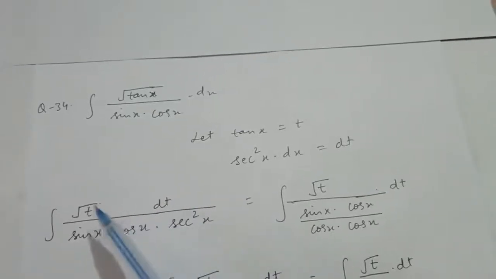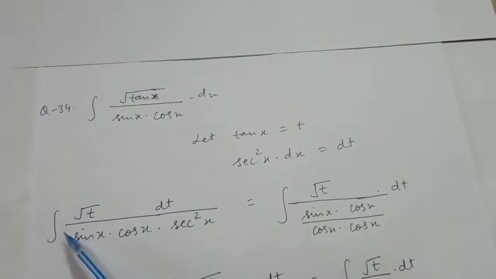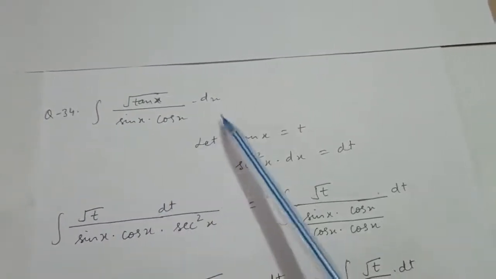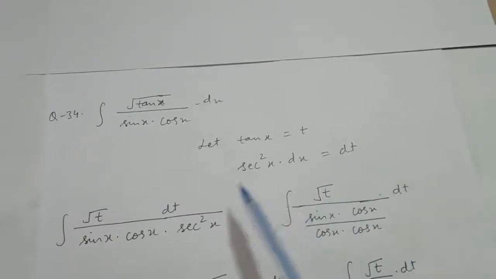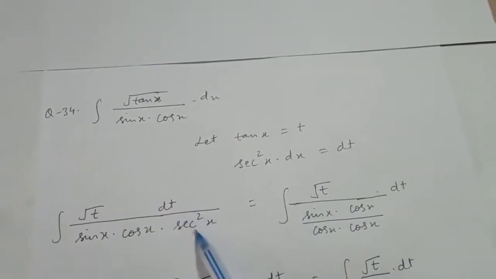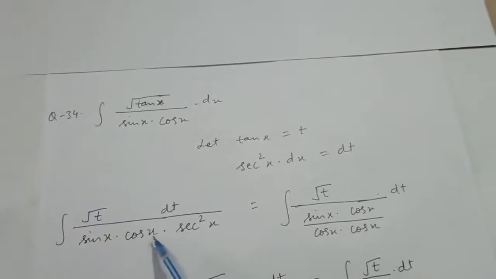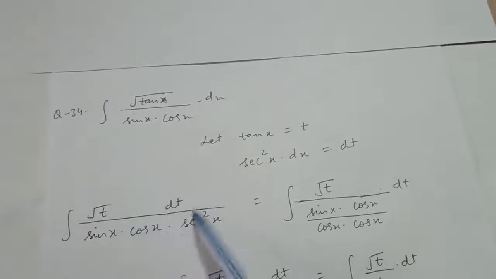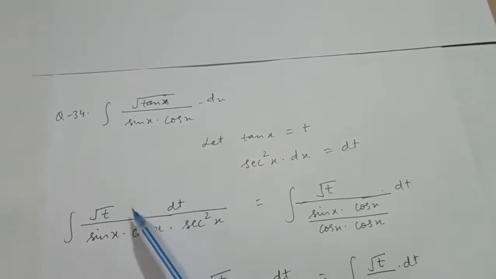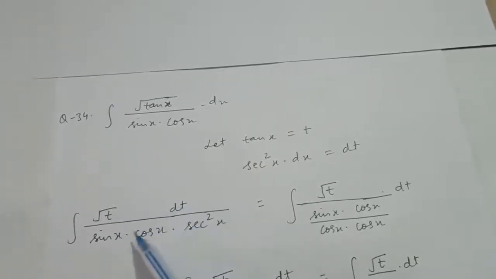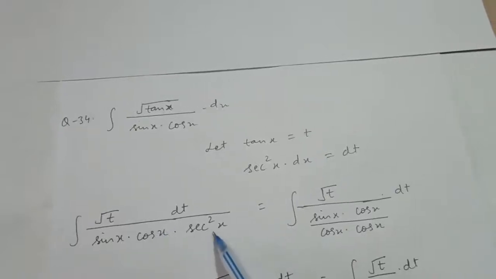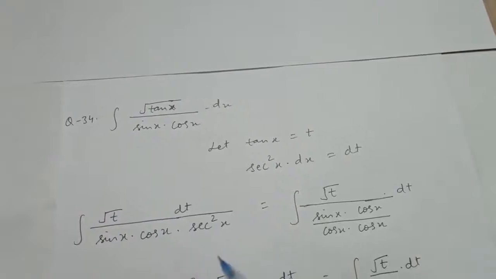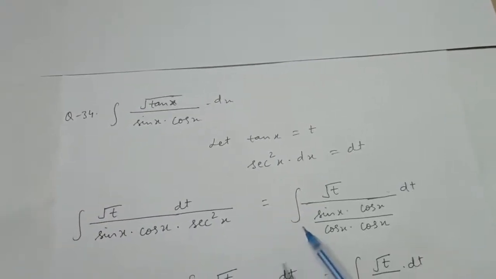Now see, this integral will now become integral of root t, and dx will be dt upon secant square x. So dt upon secant square x, sin x into cos x as it is. Now we cannot solve it right now. Why? Because some terms are in t and some are in x. We have to convert the terms which are in x into terms which are in t, right?